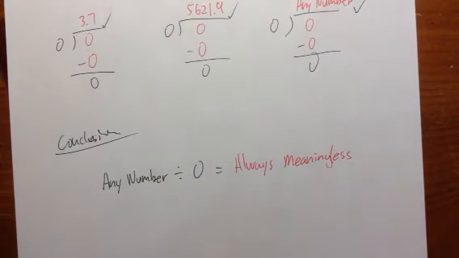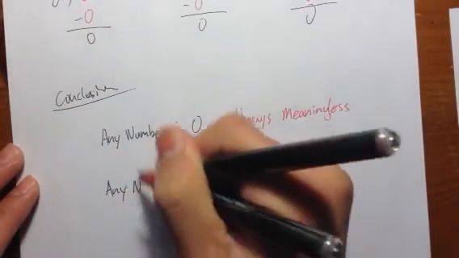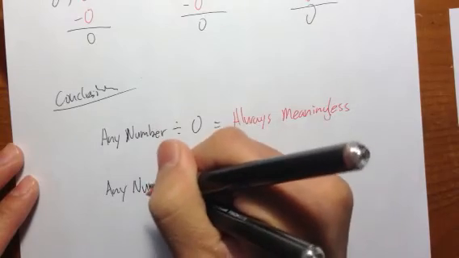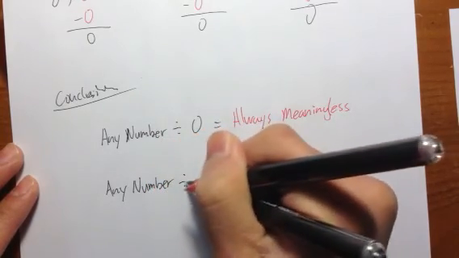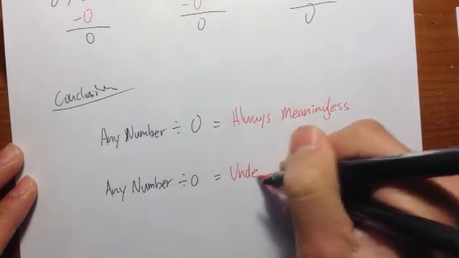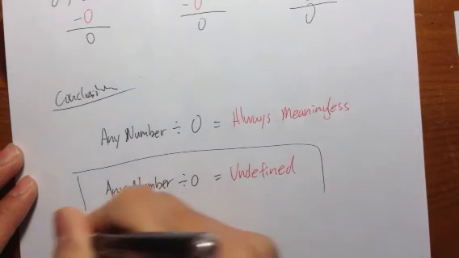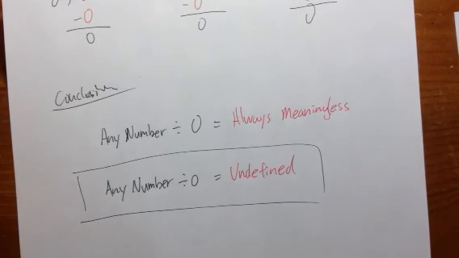Therefore, for any number n, any number divided by 0, we call this undefined. Any number divided by 0 in math is undefined. And we can verify that by using the long division.